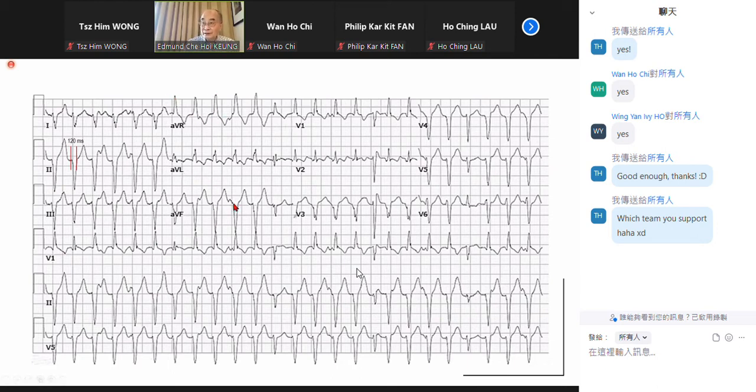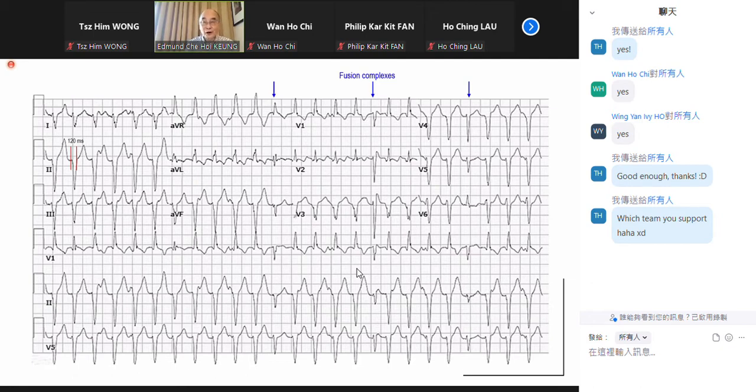This one is questionable, but this is not persistent. Down, straight down. But you may want to shout out and tell me, hey, this is VT. Why? Because you saw skinny guys among fat guys. Fusion complexes. When you see fusion complexes, hey, VT. Isn't it simple?